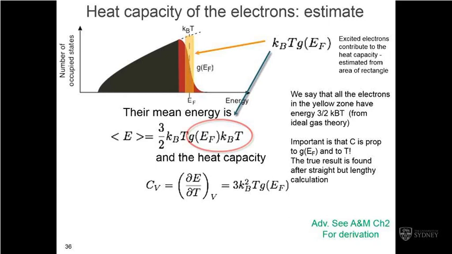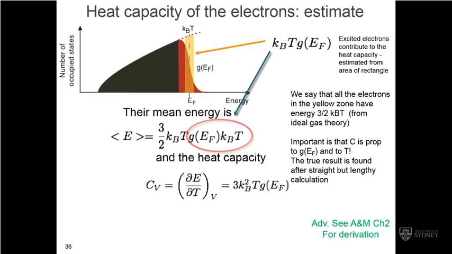Let's think about it. We've got our plot here. What we want to do is estimate the number of electrons that become excited at a particular temperature. Why? Because those are the electrons that will contribute to the heat capacity of the material, not the electrons that are all populated, just the ones near the Fermi level. So we need to estimate the number of electrons near the Fermi energy.